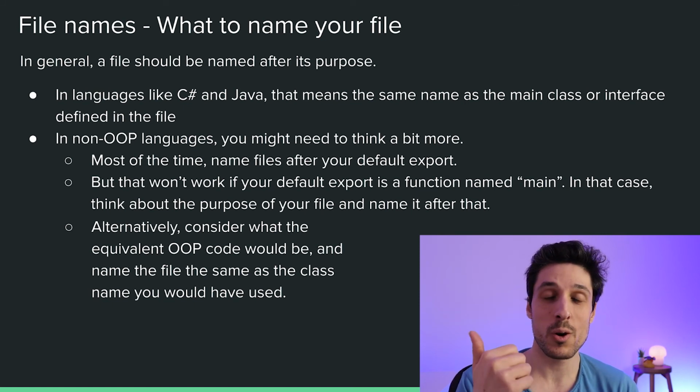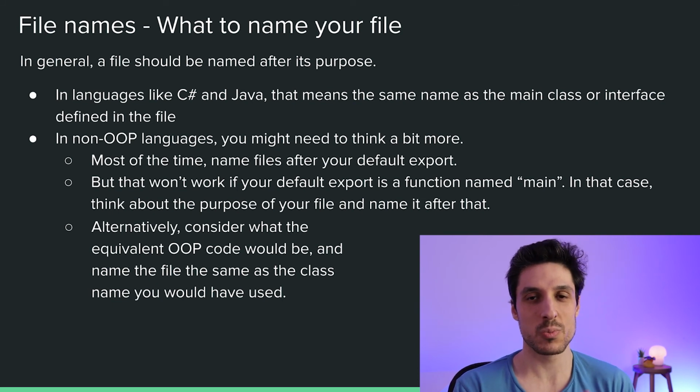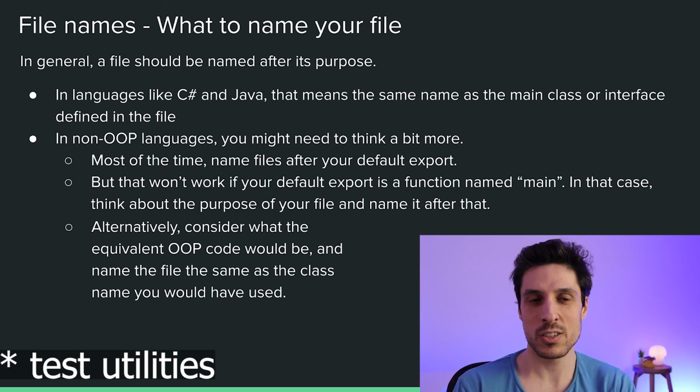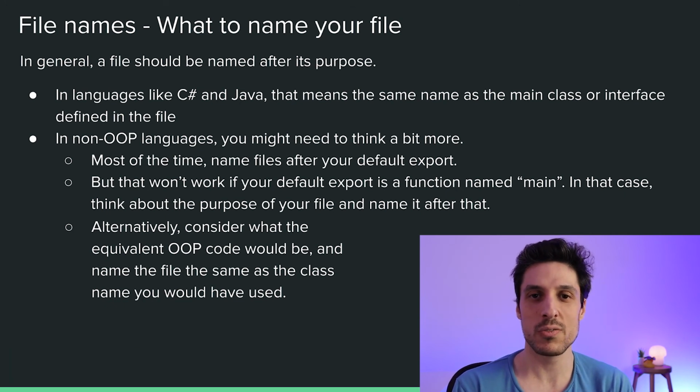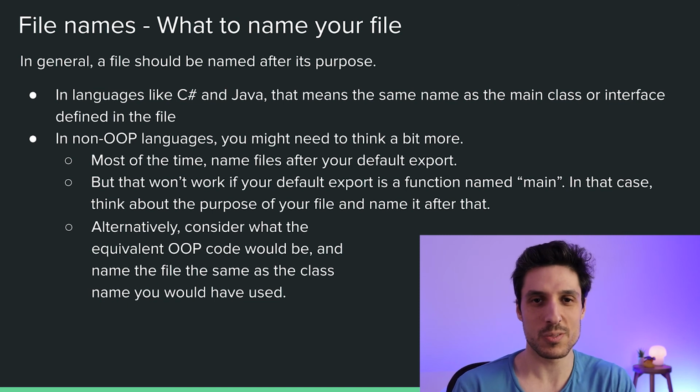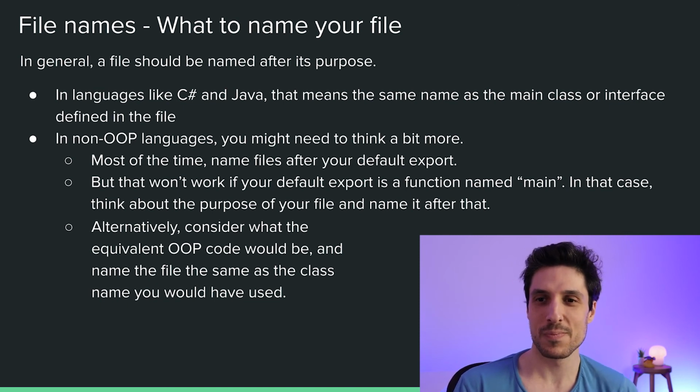You can consider the purpose of your file, which in this case would be testing utilities, so that's what I would name it. Or you can consider how would you write the code if you were using classes. And the answer to that one is you would probably have a class named something like test utilities, and then every function would instead be a static method, right? So yeah, I hope that helps.